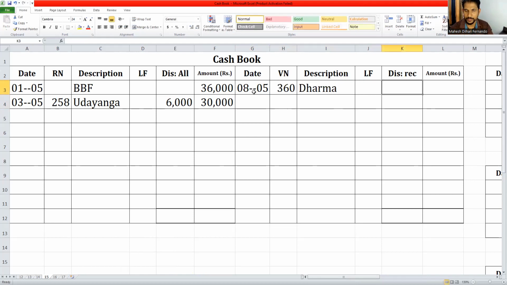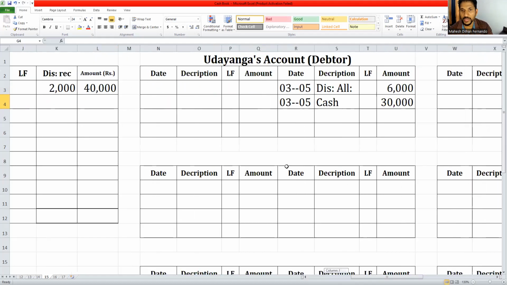Received discount 2,000. The account of Dharma is 42,000. At the time of the settlement, we have received a discount of 2,000. Therefore, amount paid in cash is 40,000. Good. And then you have to prepare the personal account of Dharma.